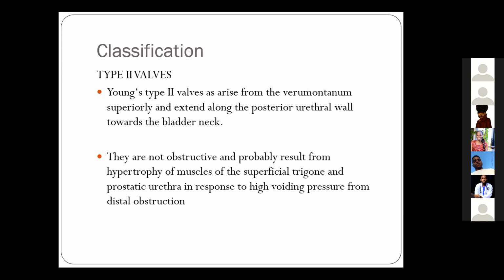So these are sometimes not considered a true type because they don't cause any obstruction. Remember, type 1 valves start from the veru and go anterior or distal. In type 2, they start from the veru and go proximal or superior. That's the difference. Type 2 doesn't cause obstruction. Type 1 causes serious obstruction.